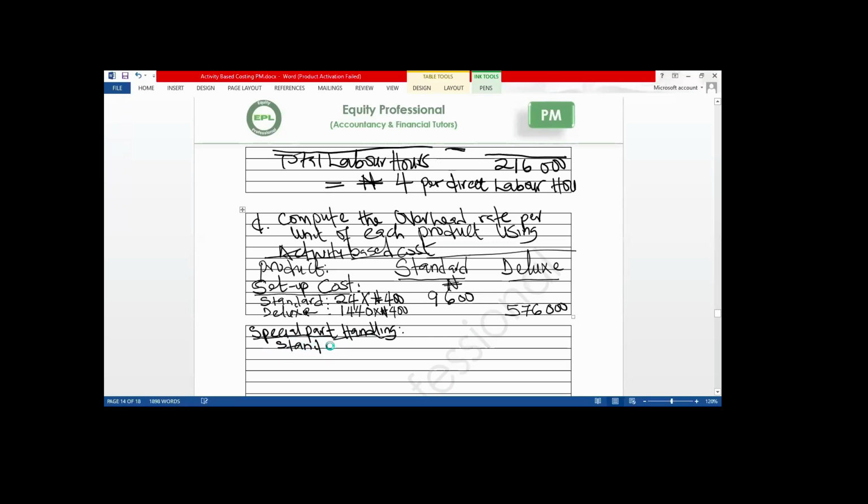How many special parts do I have for standard? 48,000. Thank you. I have 48,000 special parts here, and I have 192,000 for dealers. And we said 2 naira per special part. Multiply by 2 naira. Get the total special parts handling overhead for standard.